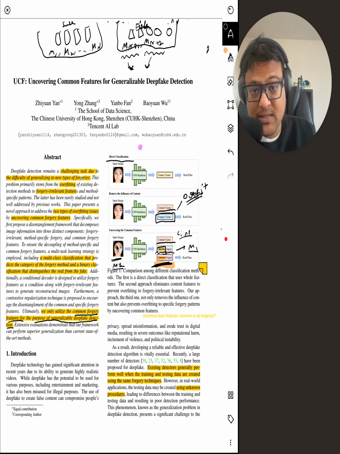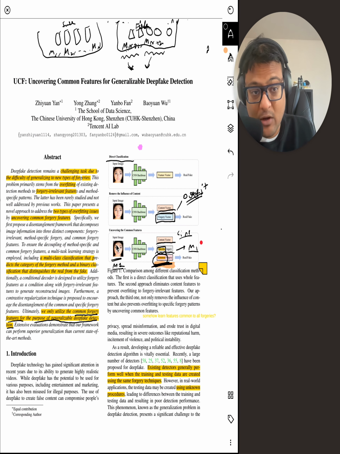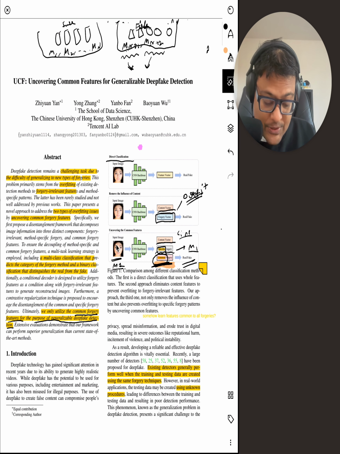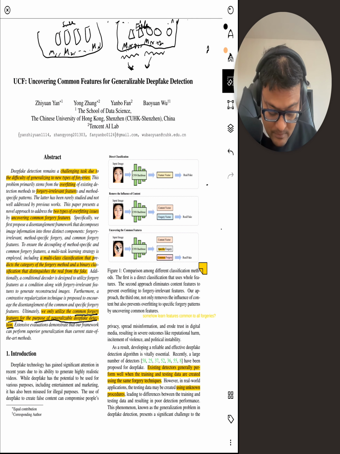So the network will start predicting these features which are common to all the forgeries, whether you have seen them or not, across all the specific types of forgeries. And if you manage to decouple these common features from your network, then you can essentially use them for real or fake detection. So that is the whole point of this paper, and let's look at it in more detail.